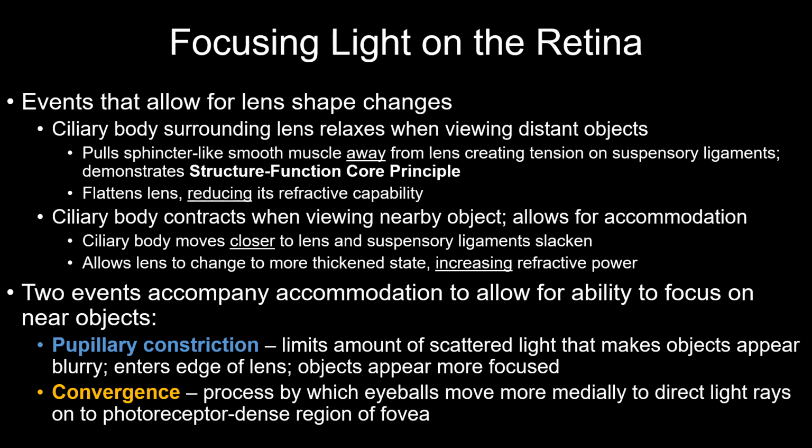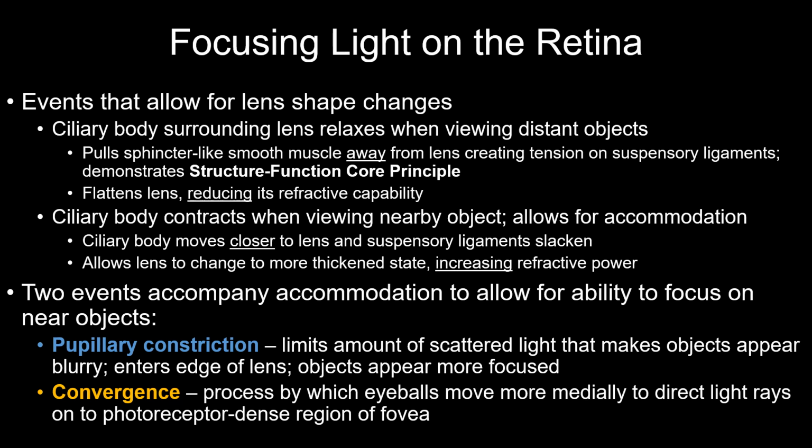But accommodation isn't the only event here to focus light from nearby objects. Two other things have to occur. Pupillary constriction has to occur. Light rays entering the edge of the lens cannot be refracted enough, and that can produce a blurry image on the retina.